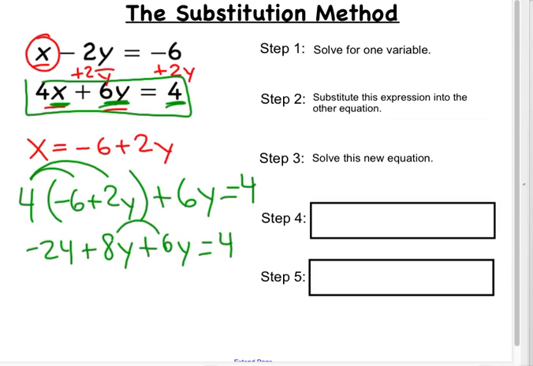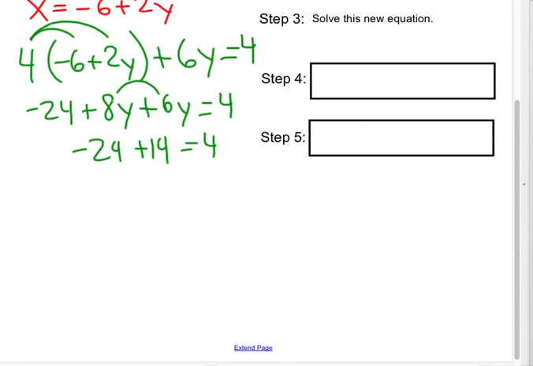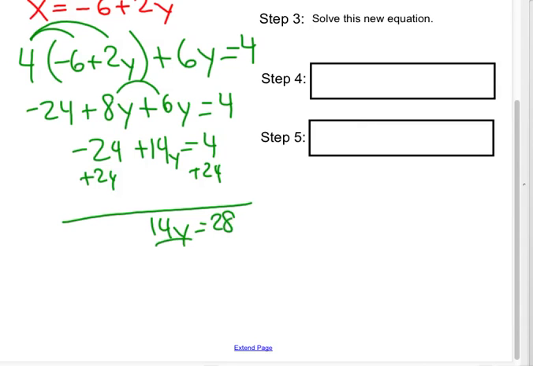Combine like terms. 8y plus 6y is 14y. Now I add 24 to both sides. I get 14y equals 28. Divide by 14, and y is equal to 2.